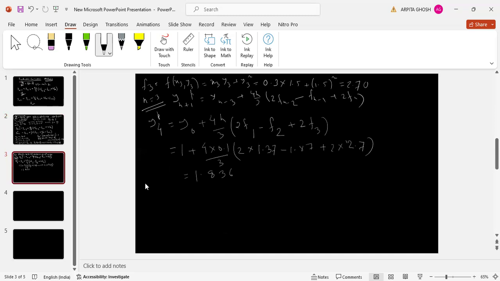That is your yn plus 1 corrector, equal to yn minus 1 plus 1/3 h f of n minus 1 plus 4fn plus f of n plus 1.